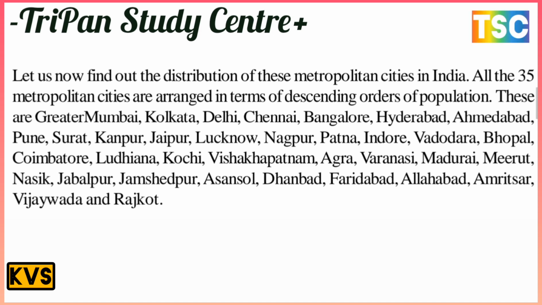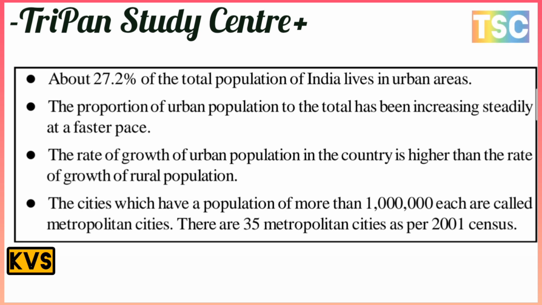All the 35 metropolitan cities are arranged in descending order of population, and these are Greater Mumbai, Kolkata, Delhi, Chennai, Bangalore, Hyderabad, Ahmedabad, Pune, Surat, Kanpur, Jaipur, Lucknow, Nagpur, Patna, Indore, Vadodara, Bhopal, Coimbatore, Ludhiana, Cochin, Visakhapatnam, Agra, Varanasi, Madurai, Meerut, Nasik, Jabalpur, Jamshedpur, Asansol, Dhanbad, Faridabad, Allahabad, Amritsar, Vijayawada and Rajkot. The next point is also most important.